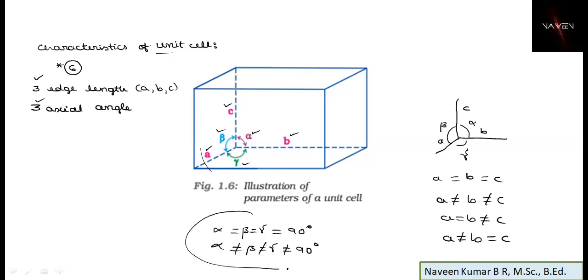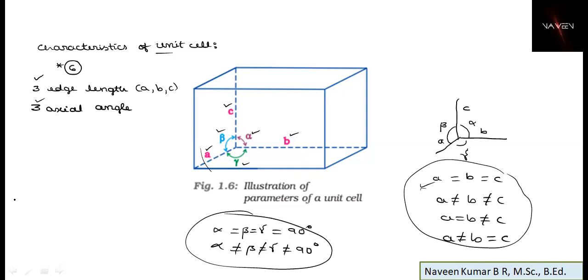So again, the axial angles may change, edge lengths may remain the same or may be different. All these variants give our seven main crystal systems: cubic, rhombohedral, tetragonal, orthorhombic, monoclinic, hexagonal, triclinic.